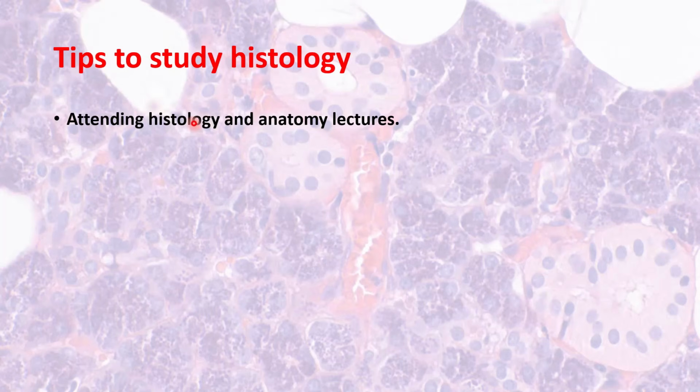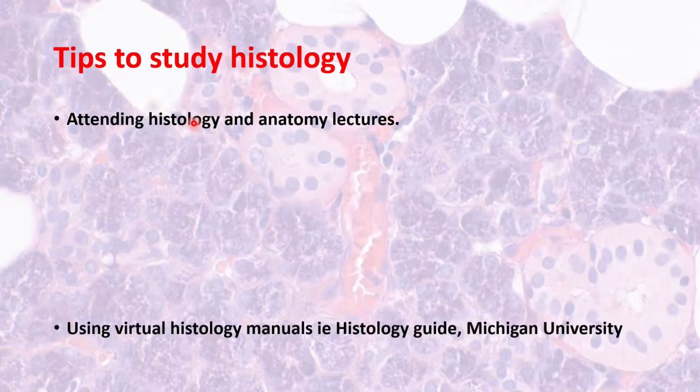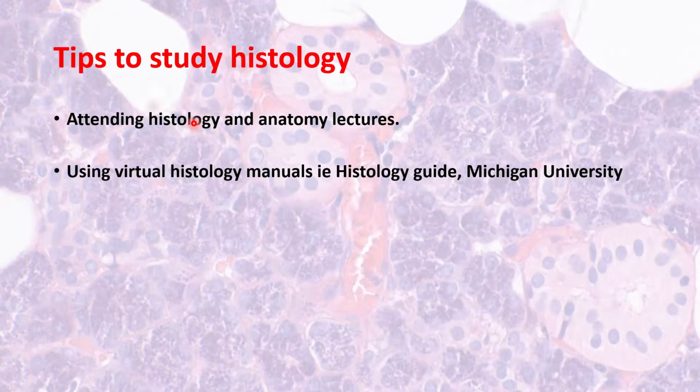If you attend histology and anatomy lectures, that's paramount. Use various virtual histology manuals, for example, Histology Guide and Michigan University. Some universities contain virtual histology slides that you can use. They have clear slides, and you can use them to study the various organs histologically.